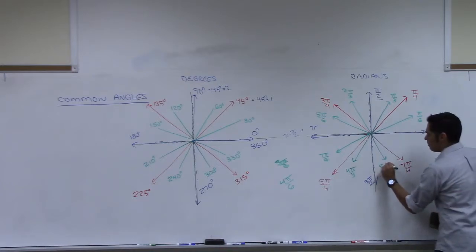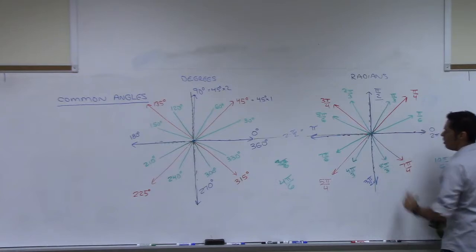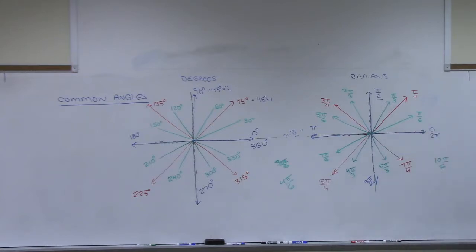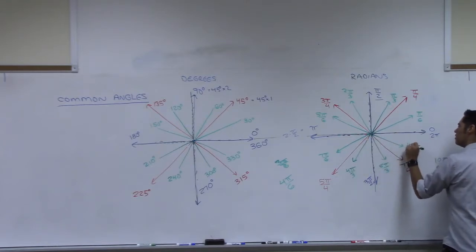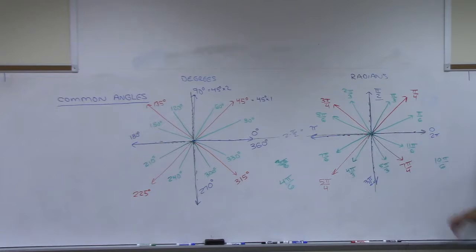One more. 11 pi over 6. That was the 10th one, now I'm at the 11th one. 11 pi over 6. And the last one would be 12 pi over 6, which would just be 12 over 6 is 2, so 2 pi, so we're back there.